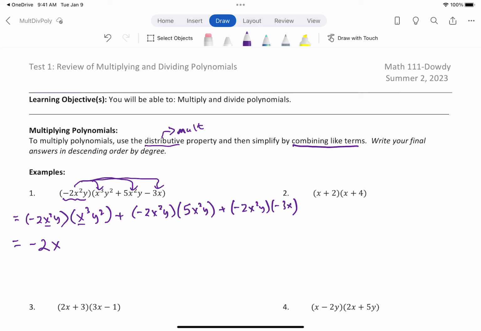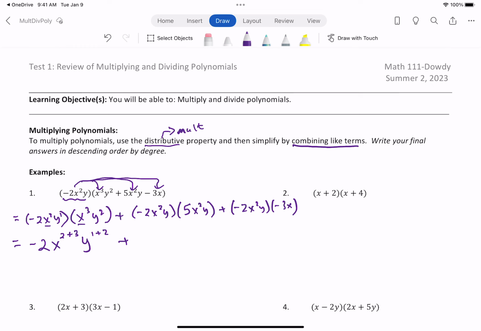So we are going to add those exponents, 2 plus 3, and then we have the variable y, and that's y to the first times y to the second. So we're going to be adding 1 plus 2. And then we're just going to repeat that for each one of the multiplications.